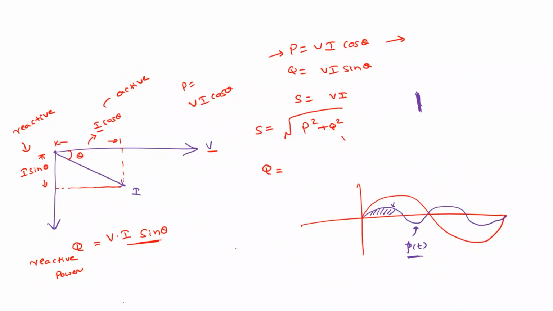Agree? Yes, sir. So if this is positive, the power is positive. So what is the meaning? Here some DC source is there, and you have some battery. Current is flowing in this direction.